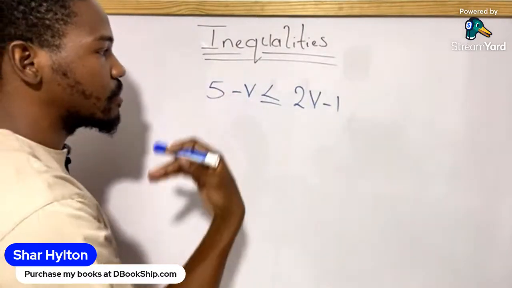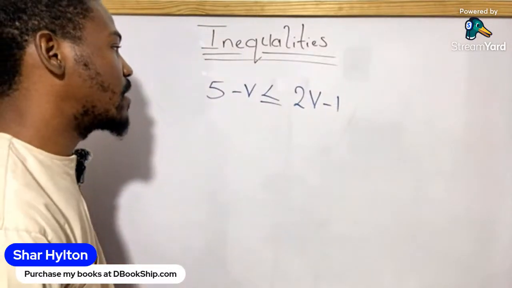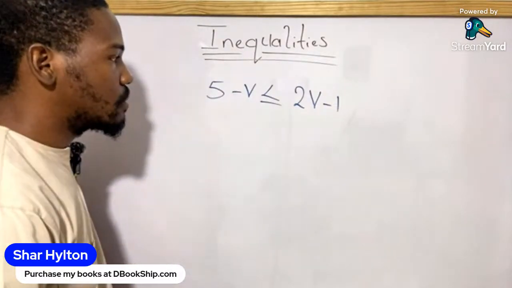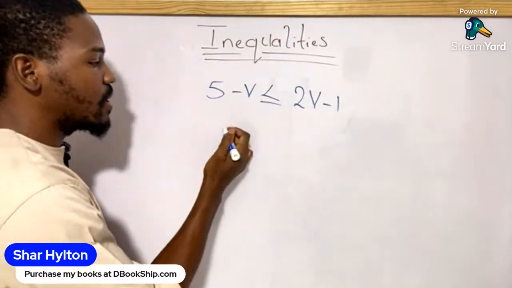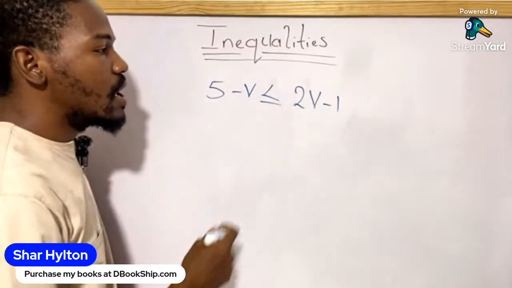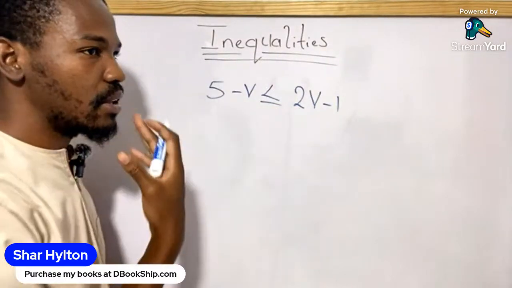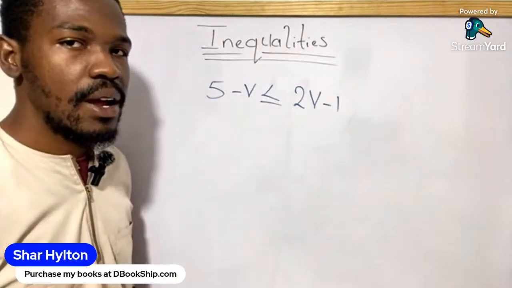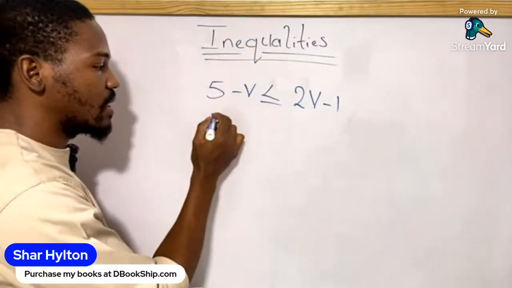So we know the range of values of that variable. So how do we go about solving this? Well, the first thing that we can do is group our terms. And when we're working with inequalities, we can do the workout similarly to when we have an equal sign. So let's look at this now.